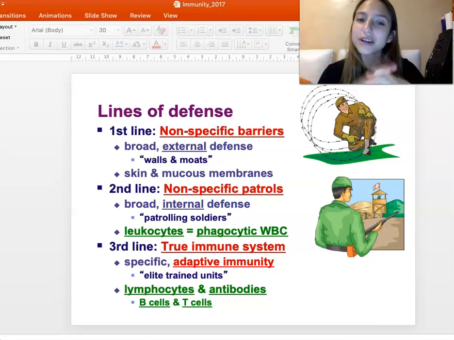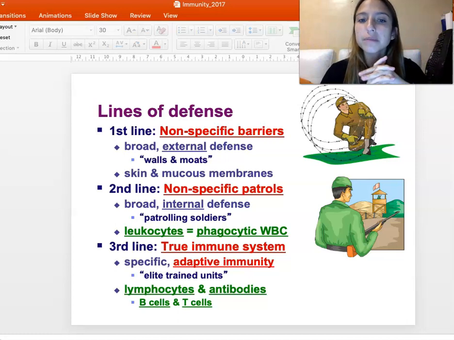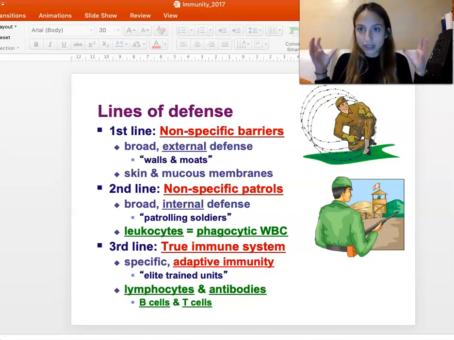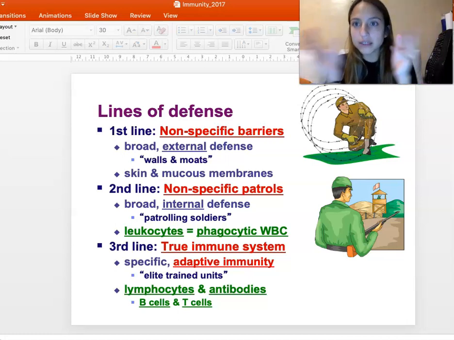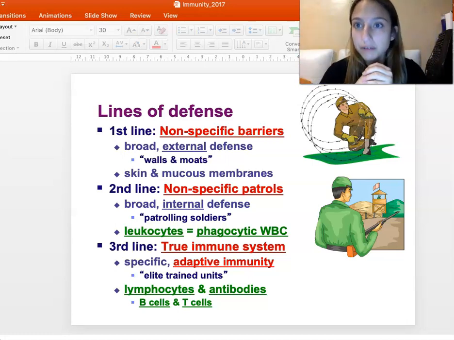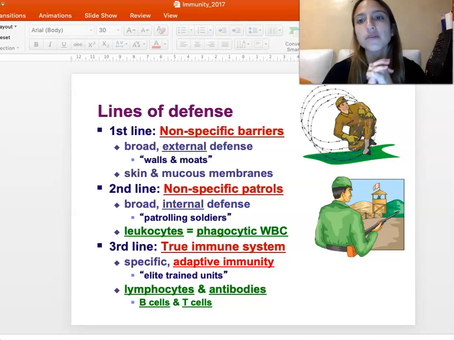Okay, and your third line of defense is your adaptive immune system, what you actually start developing as you grow older, and it's extremely specific. In this idea of a war, they can be an elite trained unit, a unit that knows specifically what they're combating, and they will only combat a specific type of invader. Okay, not any type of invader, just one specific type of invader.